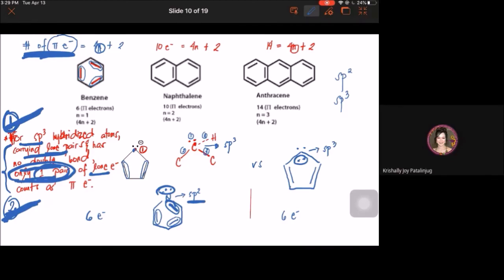Where are the pi electrons? The double bond, the second bond in the multiple bond it carries, those are the pi electrons. The lone pair is not. That resides in the sp2 orbital, not among the pi electrons.